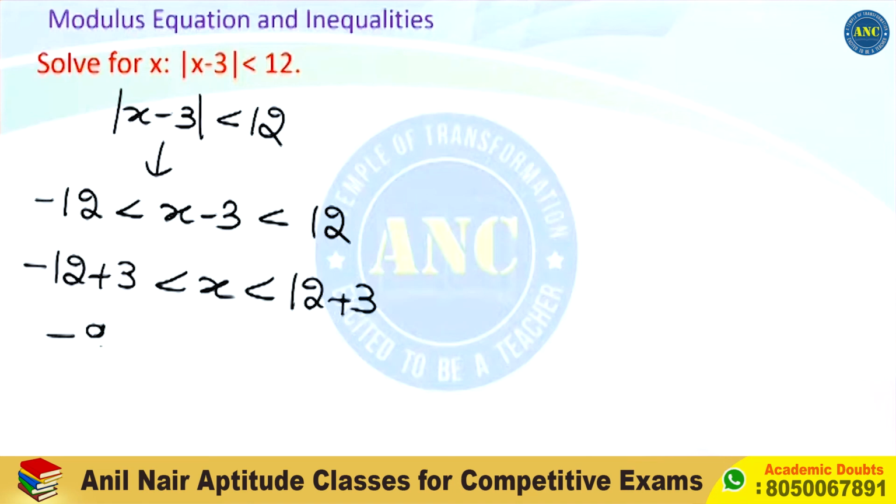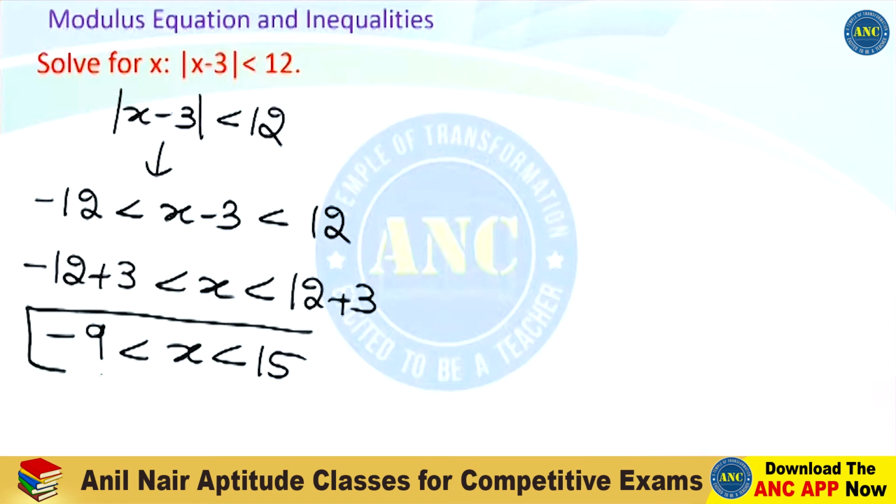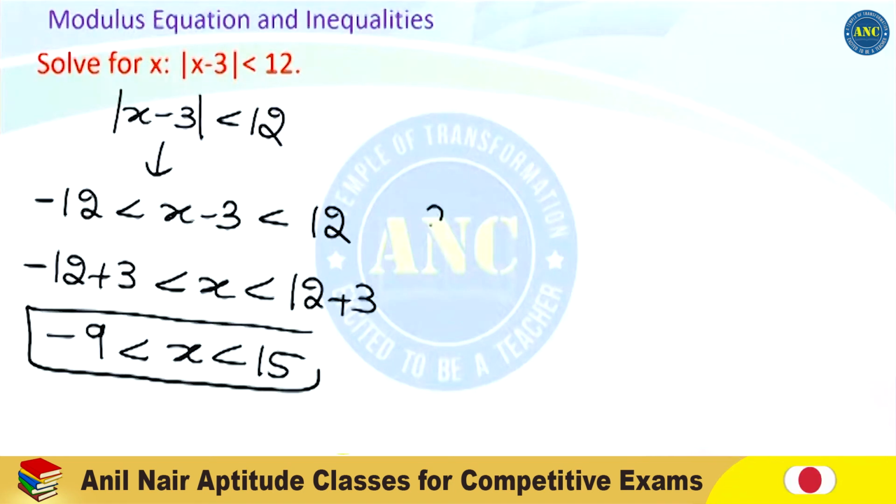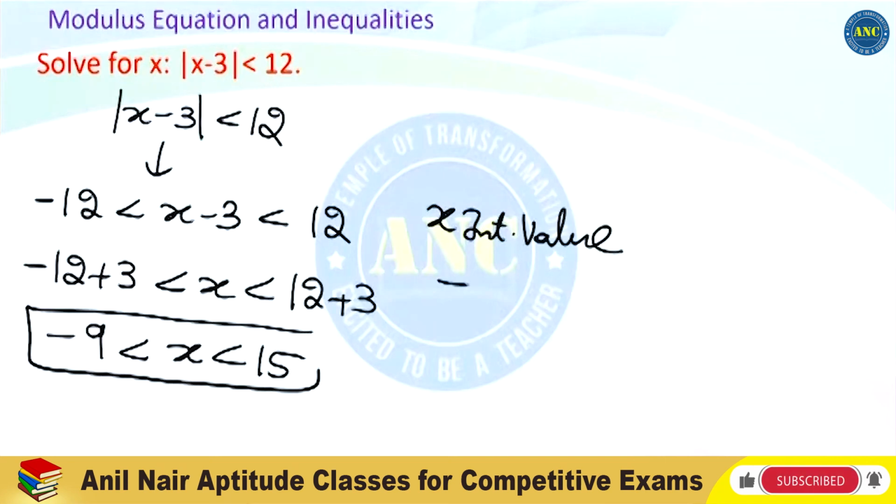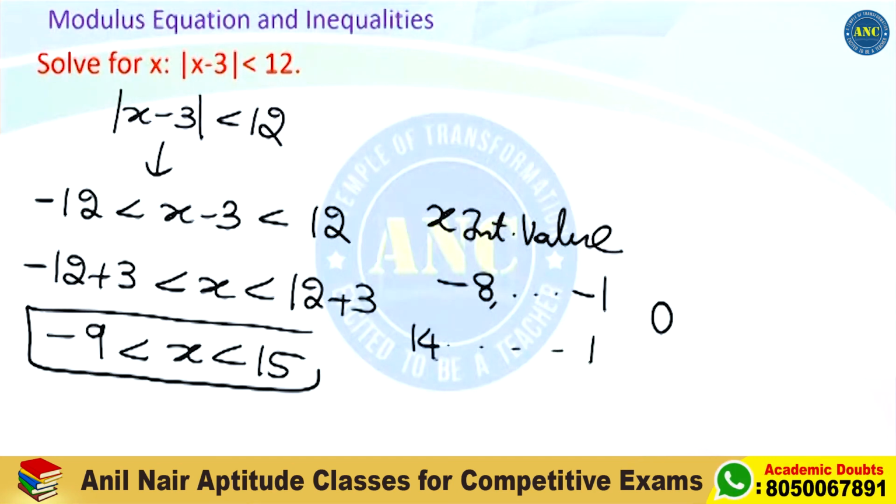That is minus 9 less than x less than 15. If he is asking the integral values of x, these are minus 8 to minus 1, 0 and 1 to 14. So total 23 values I will get.